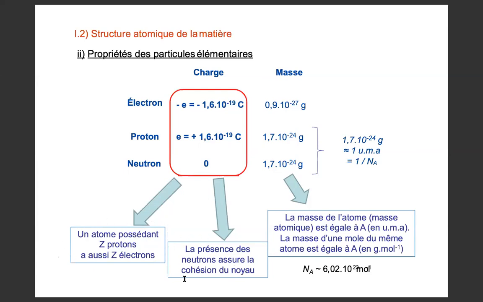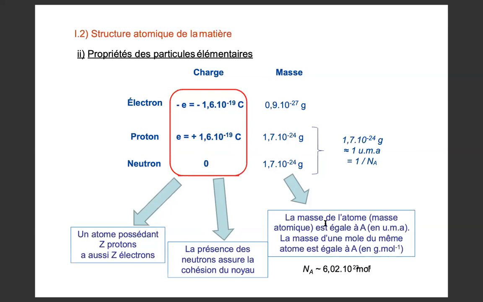Then we are also saying the presence of the neutron assures the cohesion of the nucleus. It is because you have neutrons in the nucleus that you have a cohesion force between the protons. So the neutrons are what keep the protons in contact, and they also contribute to the nuclear charge.